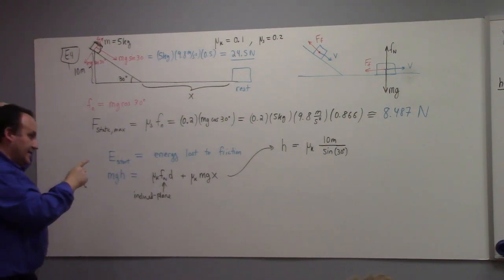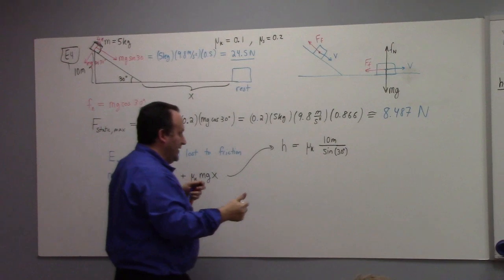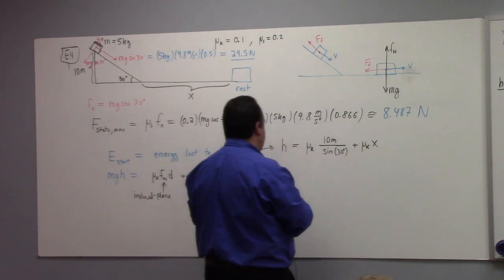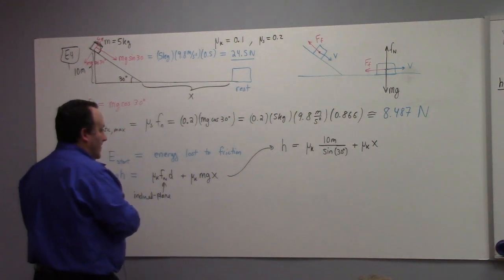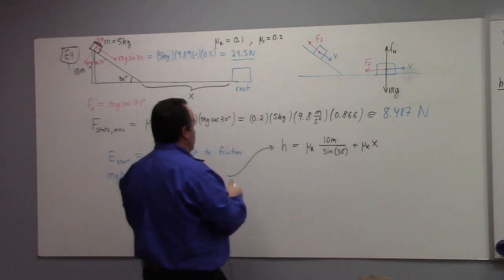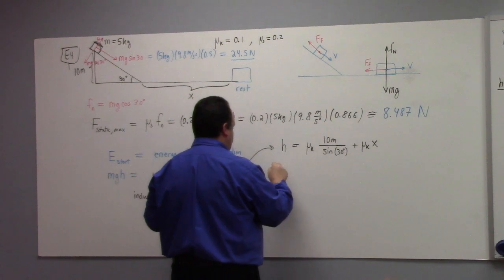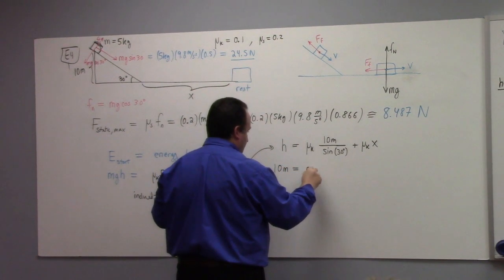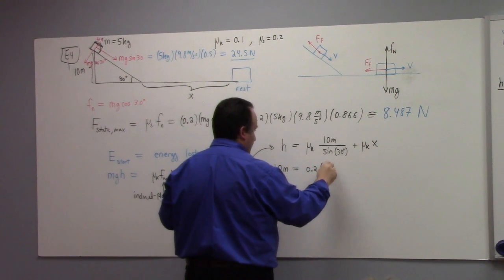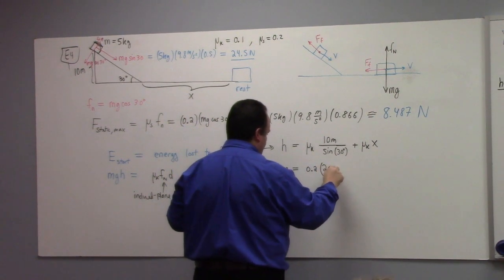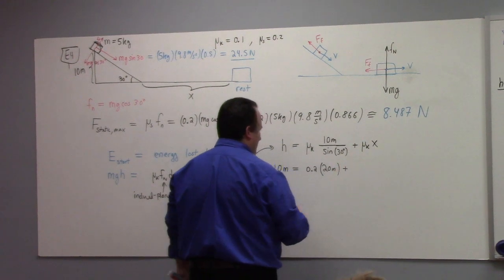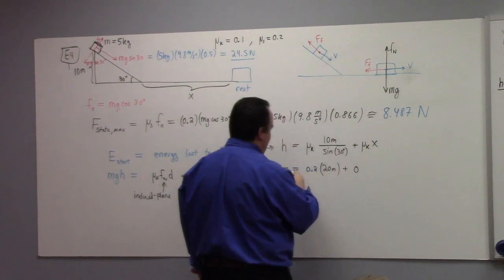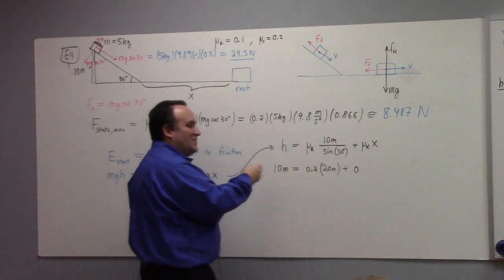Good. And then mu k times x, whatever that is. All right, so my h was 10 meters, and that's going to be equal to 0.2 times 20 meters, plus, oh wait, no, I spoke too soon. For a second there I was thinking 0.5 times 20.